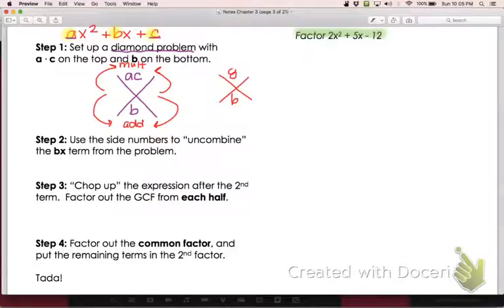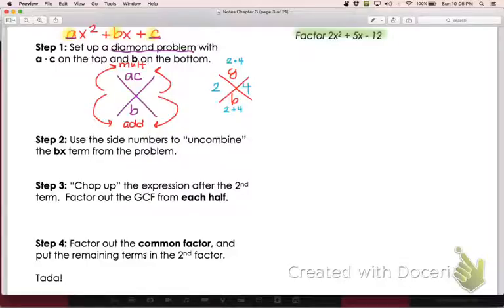I want two numbers so that when I multiply them, I get 8, and when I add them, I get 6. Well, 2 and 4 would do the trick, because 2 times 4 equals 8, and 2 plus 4 equals 6. It gets a little tricky when we look at negatives, because you have to remember a negative times a negative makes a positive, a positive times a positive makes a positive, and there are different ways that we can add and subtract our negatives.